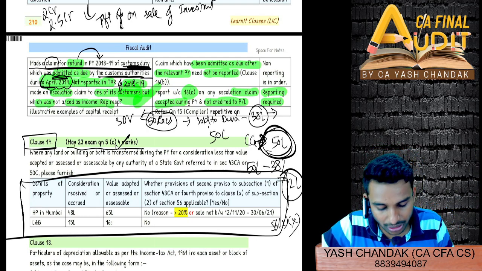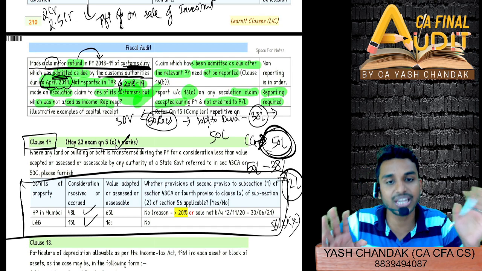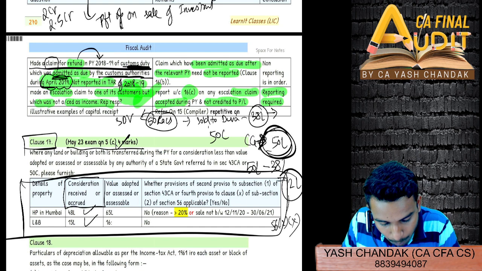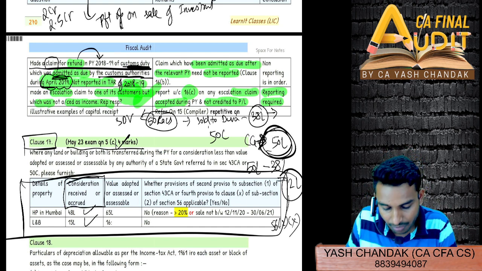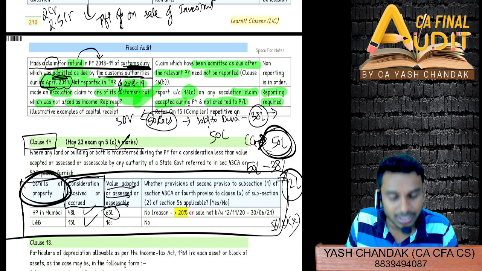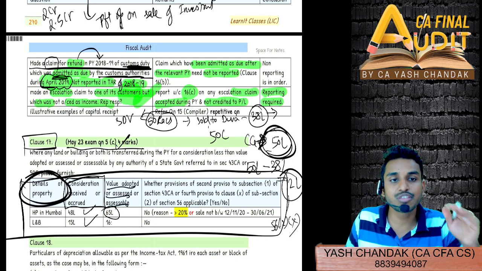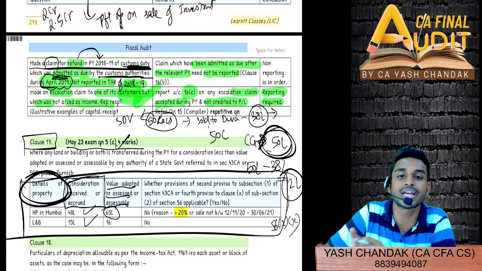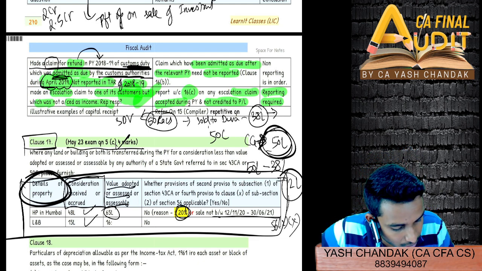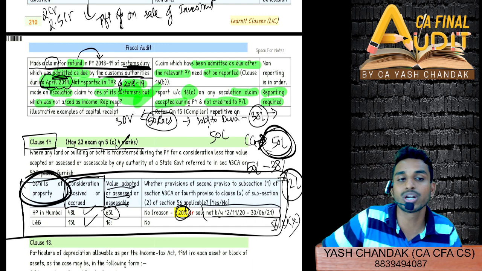But right now it is not relevant, because here you have to report anyway, even if it is within the bandwidth of 10%. So here you have to report what is the consideration that you received for your property, and what is the stamp duty value of that property, irrespective of whether it is within the bandwidth of 10% or not. And that bandwidth was increased to 20% during the COVID time.